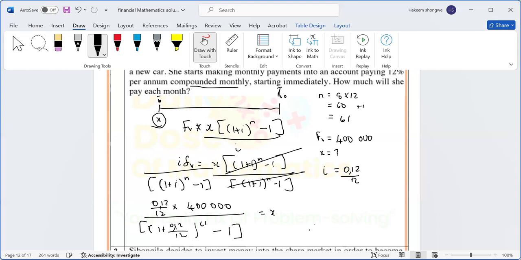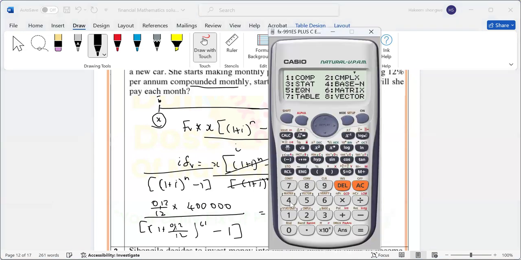Therefore, our X, let's check if you type this in your calculator. Mode 1, we have fraction. 0.12 all over 12. Multiply by 400,000.